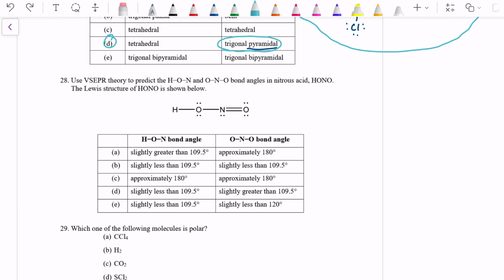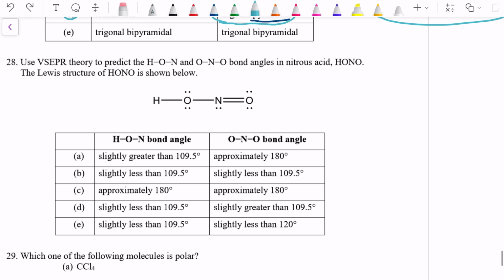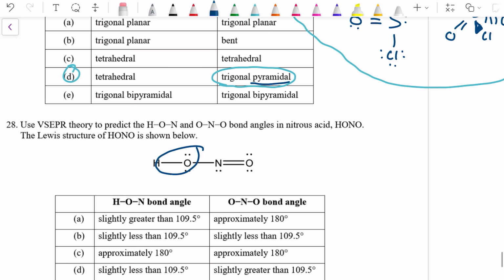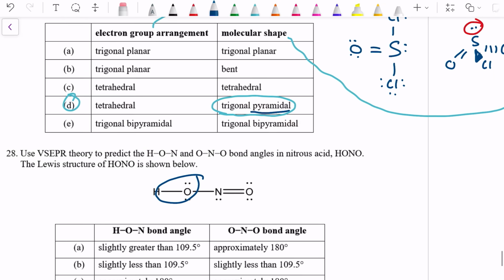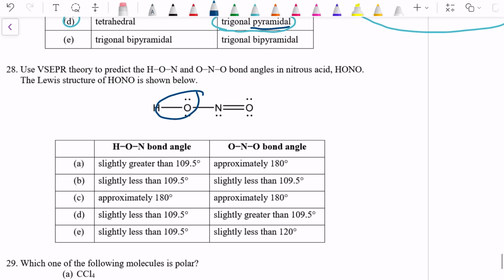28. Use valence shell electron pair repulsion theory to predict the HON and ONO bond angles in nitrous acid. The Lewis structure is shown below. Let's see here. So that is an electron group arrangement of tetrahedral, right?